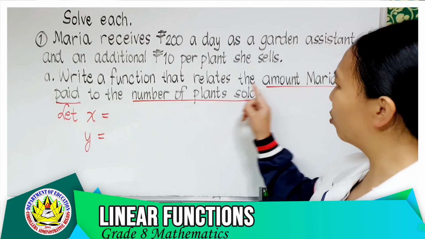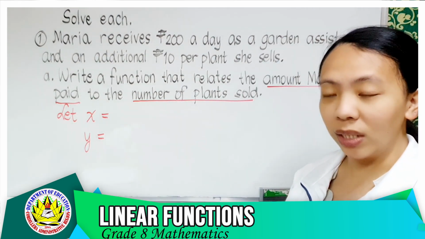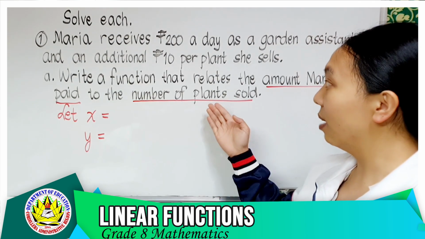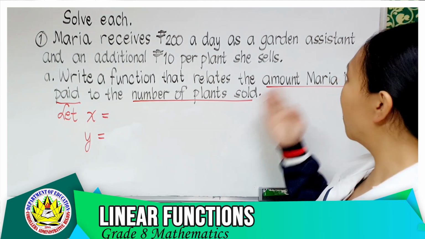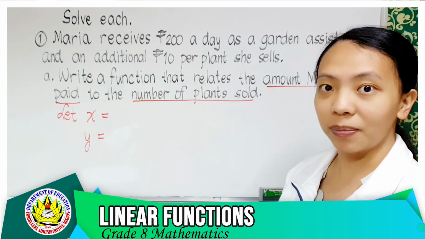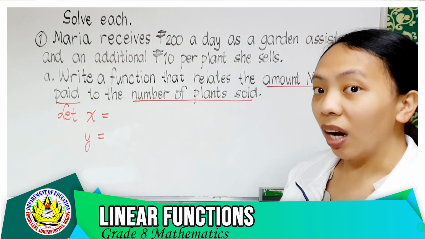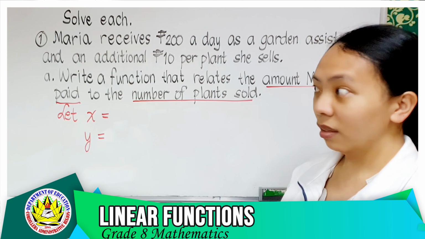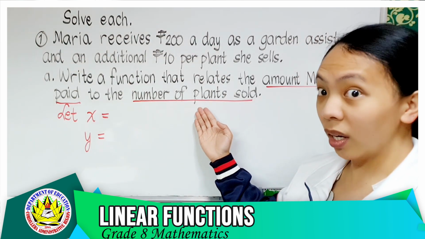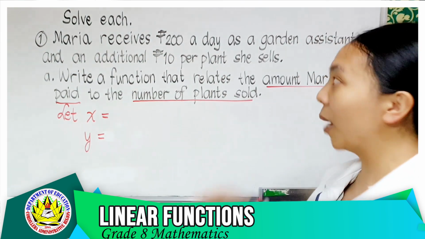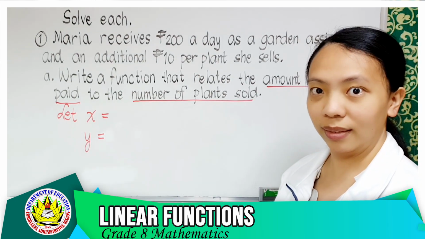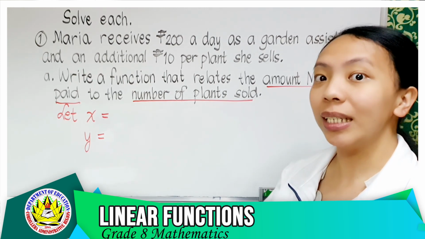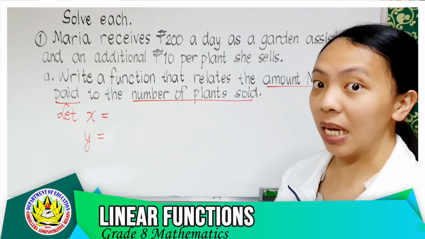Which between the two quantities is independent? Is it the number of plants sold or the amount Maria is to be paid? In other words, which should come first? Should Maria sell first or should Maria be paid first? Maria should sell first before being paid.